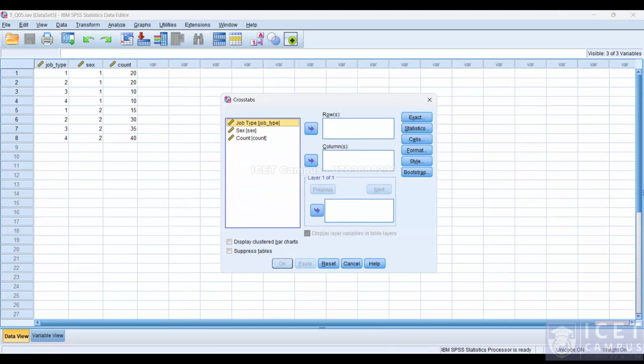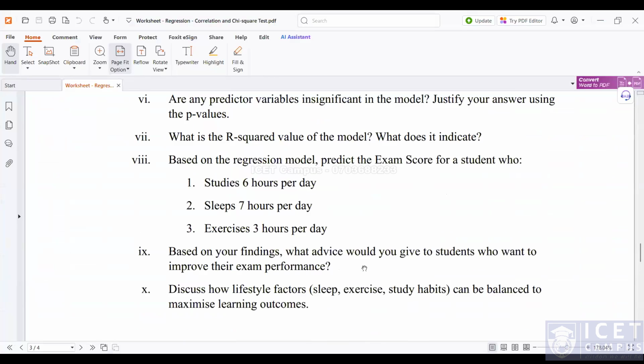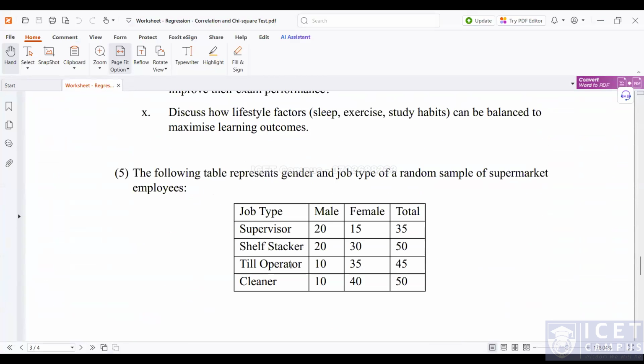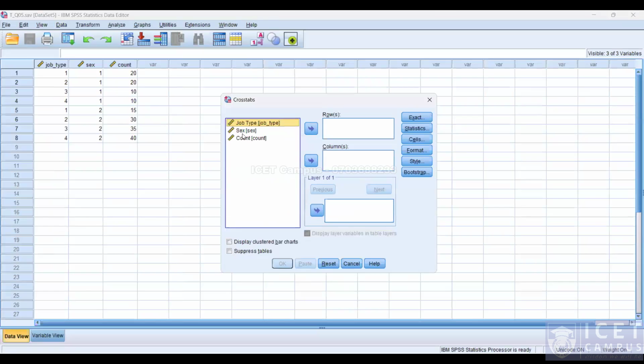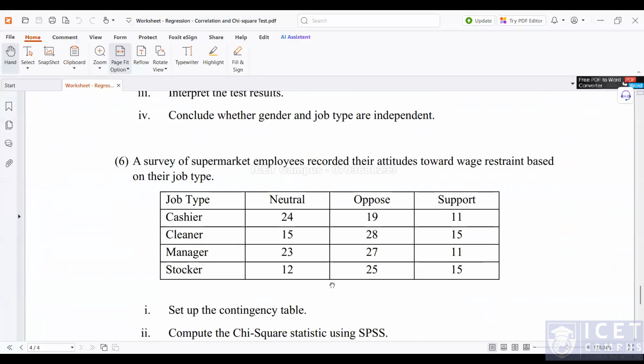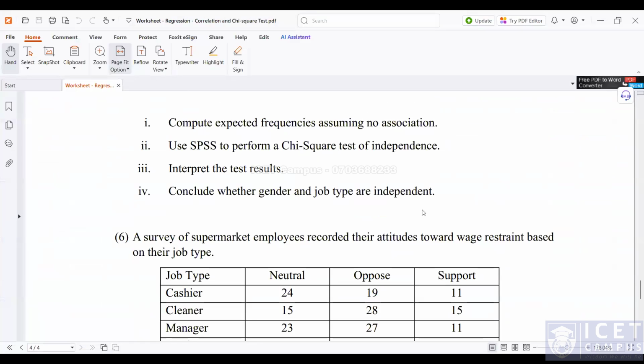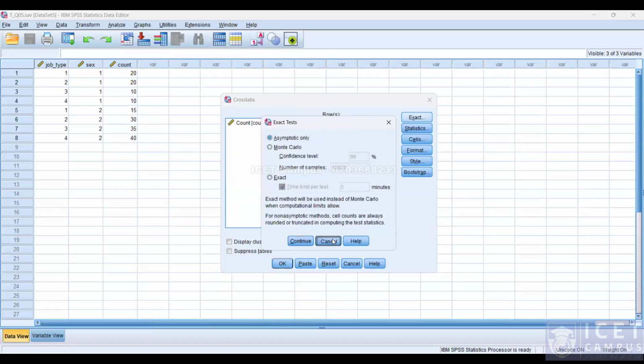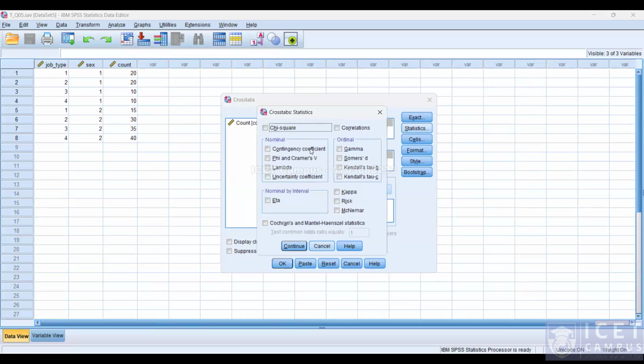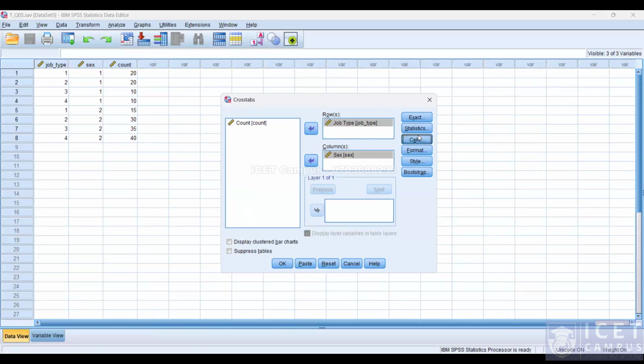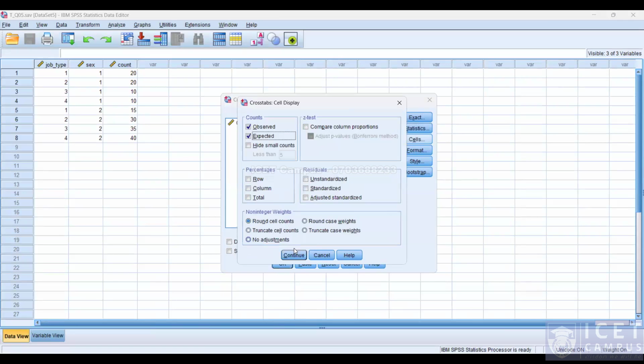For rows, job type. Job type is for rows, and columns for sex. Then under Statistics, choose chi-square. Then in Cells, we need the expected frequencies as well.